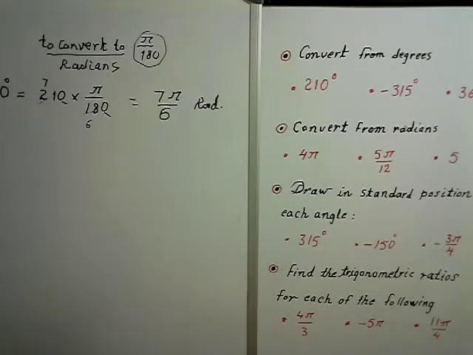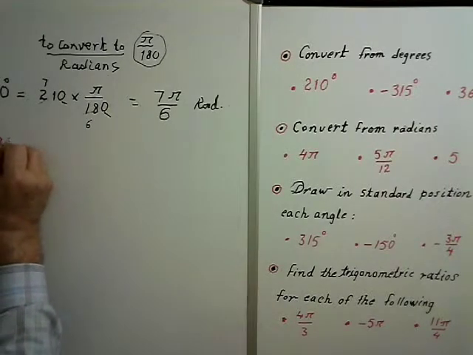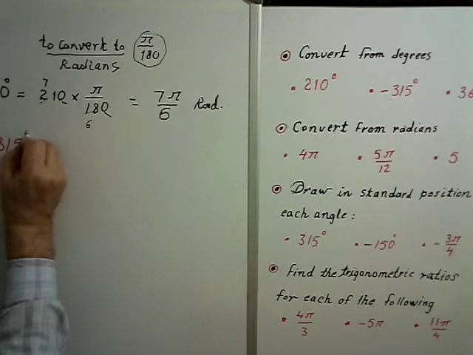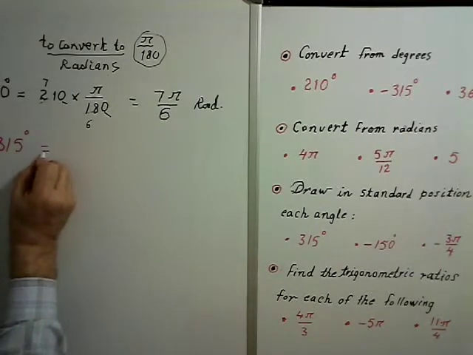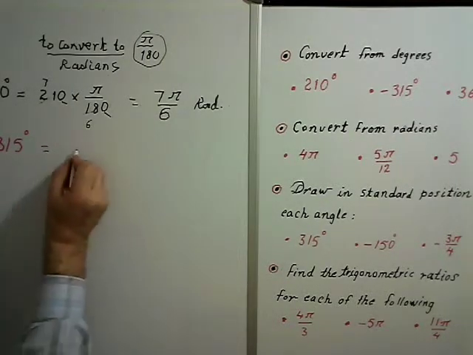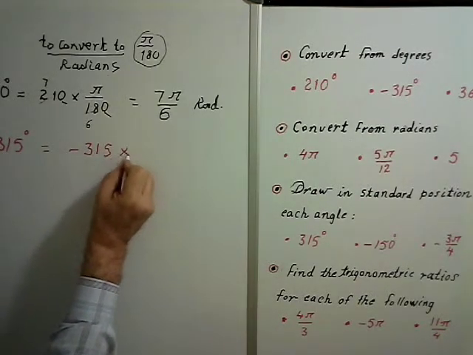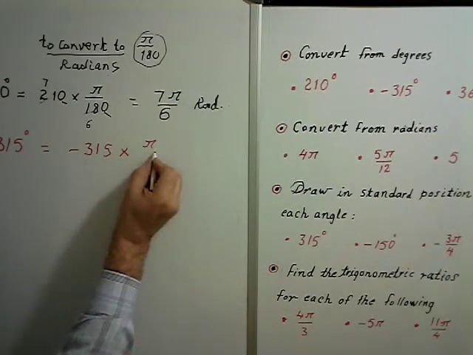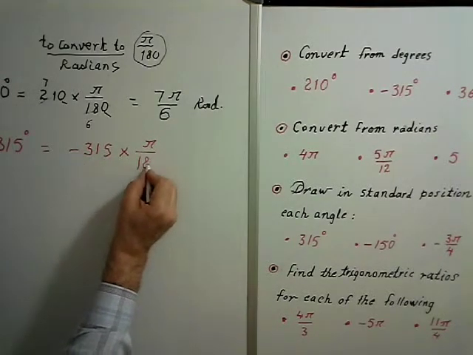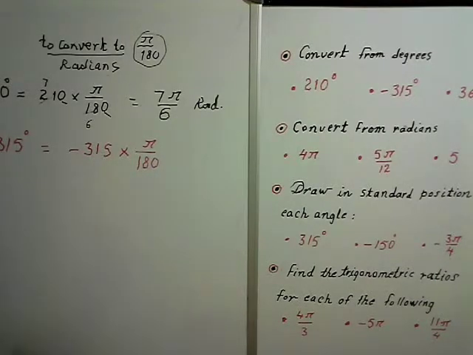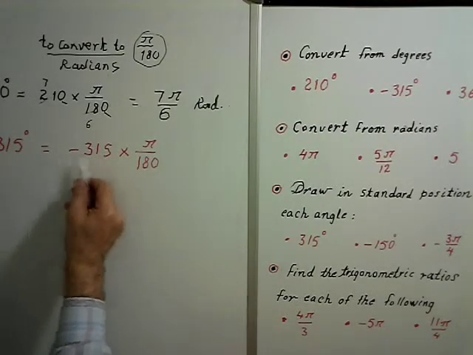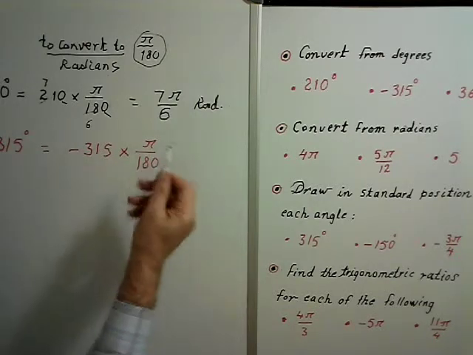Okay? Same thing for the other angle, negative 315 degrees. To convert it into radians, you say negative 315 times pi over 180, and simplify this to get the answer.